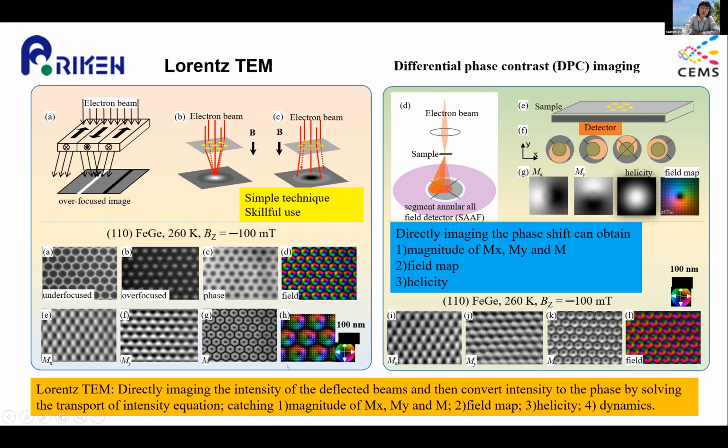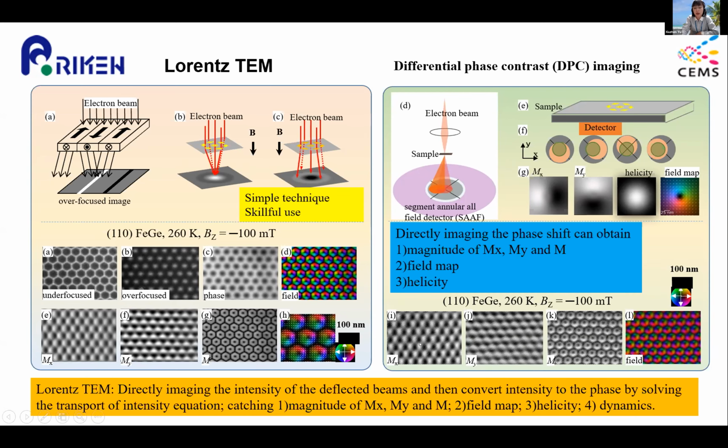It means that by using this Lorentz TEM technique, combining the transport intensity equation analysis, we can determine the skyrmion helicity and also qualitatively evaluate the field map in this skyrmion, in this topological spin texture. And this DPC technique can directly probe this MX and MY.